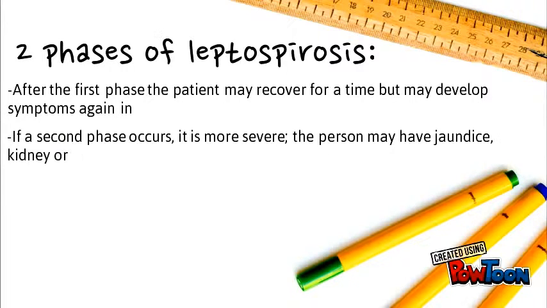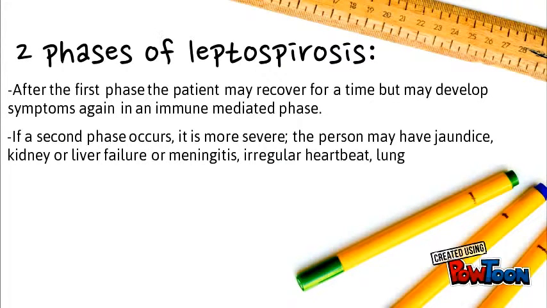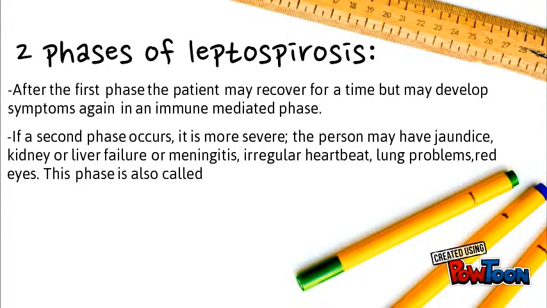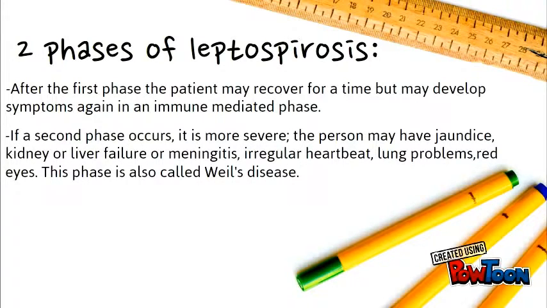After the first phase, the patient may recover for a time, but may develop the symptoms again in an immune-mediated phase. If a second phase occurs, it is more severe and the person may have jaundice, kidney or liver failure, or even meningitis, irregular heartbeat, lung problems, red eyes. This phase is also known as Weil's disease.